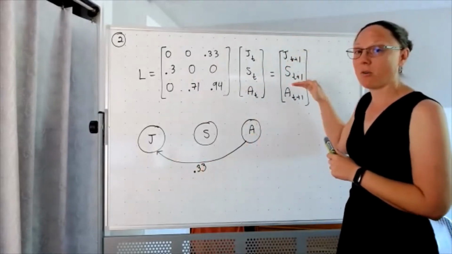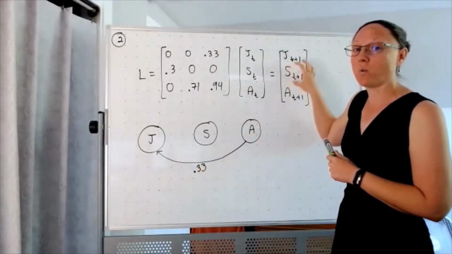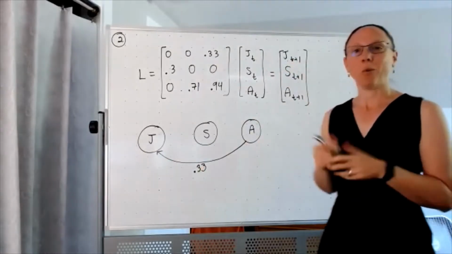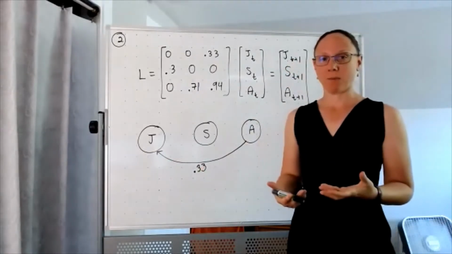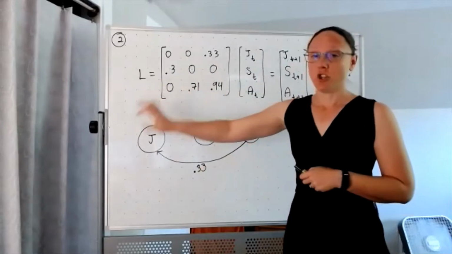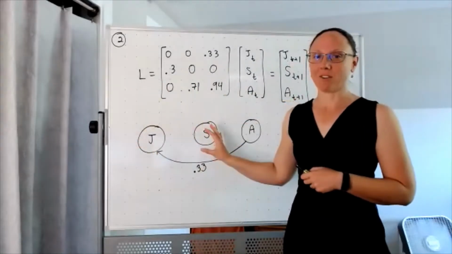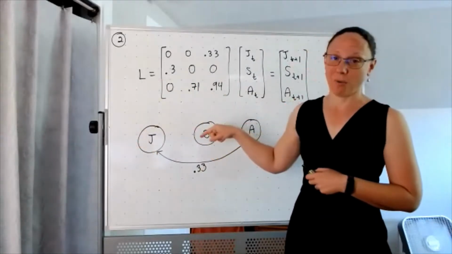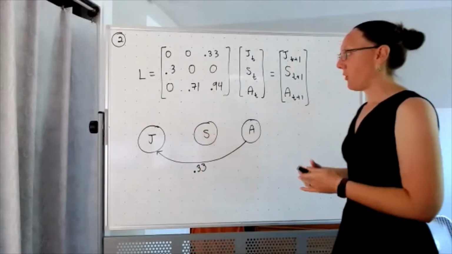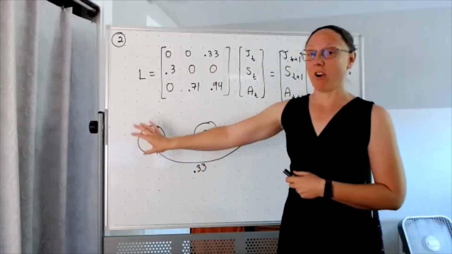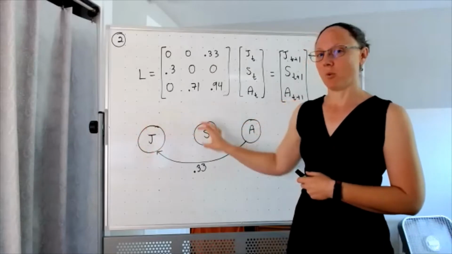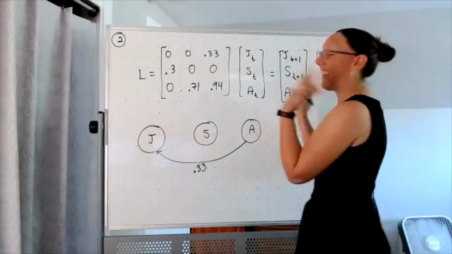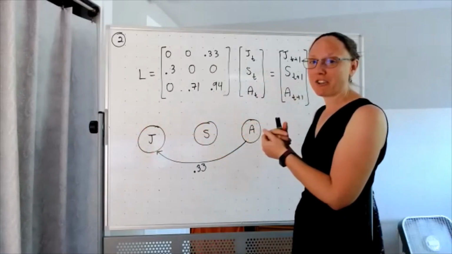Thinking about my next row and how we get our new subadult population, well, we can think about that from an age class perspective, meaning juveniles grow up to be subadults, but adults can't go back in time. So we're only expecting an arrow from our juveniles to our subadults. And that works itself out with a matrix multiplication.